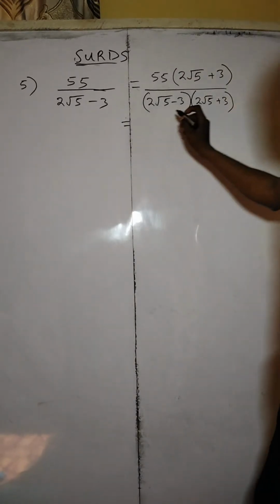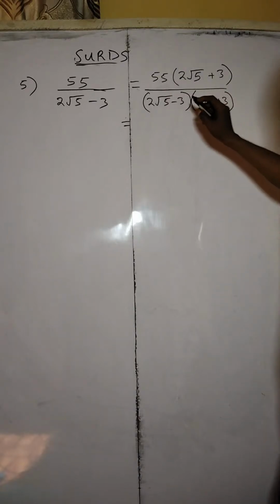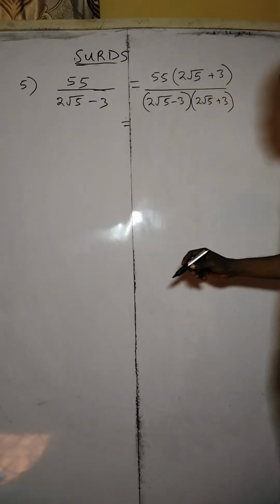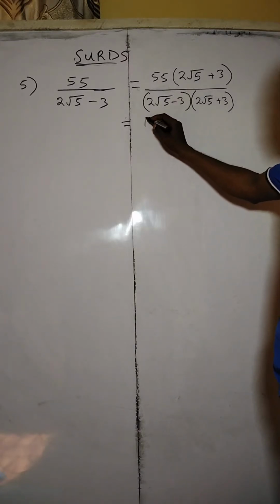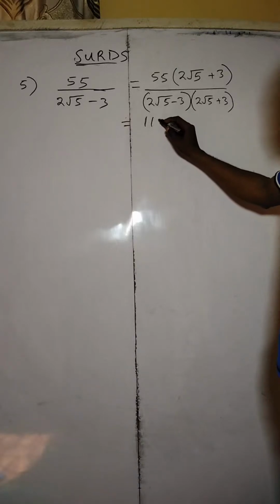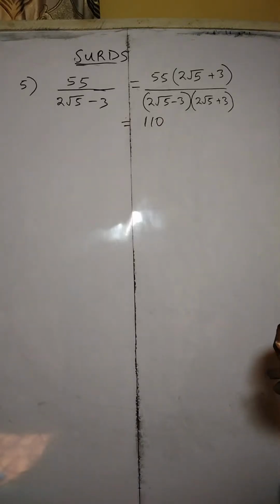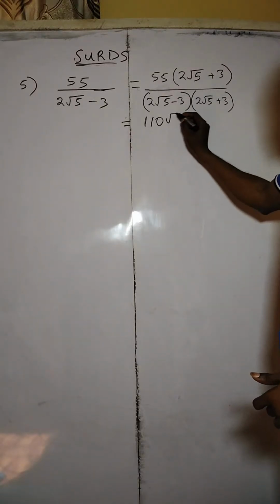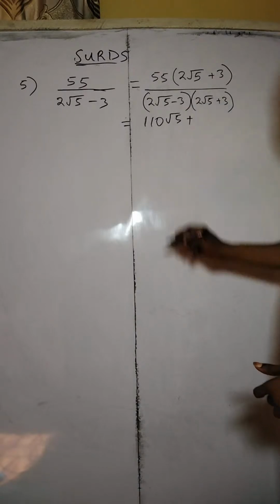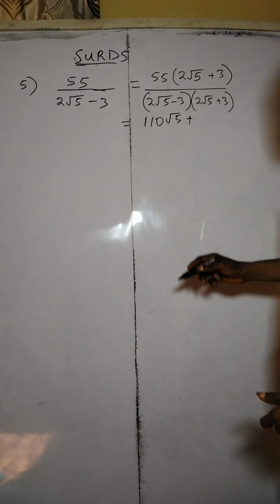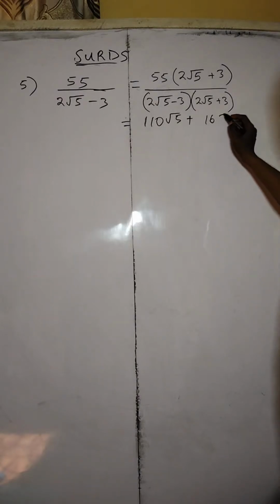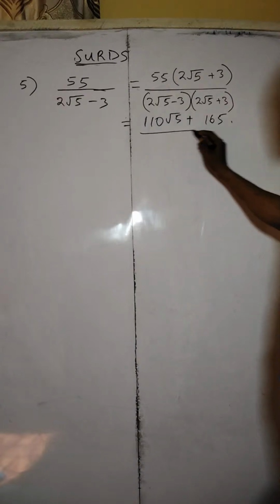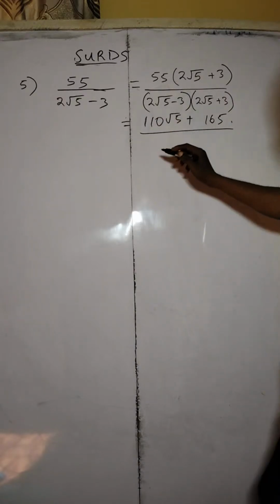When we expand this, 55, we open this bracket, and here 55 times 2 gives us 110, then 110 root 5, then plus 55 times 3, that gives us 165, then divided by, here this is our conjugate surd.